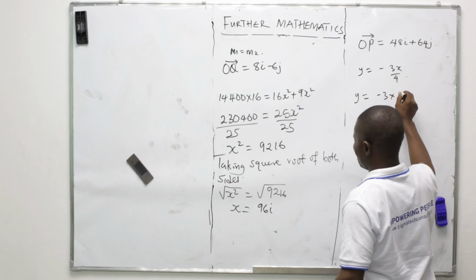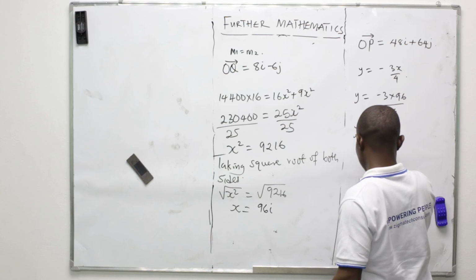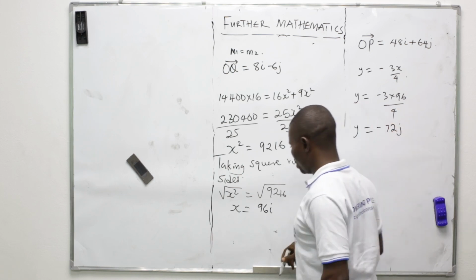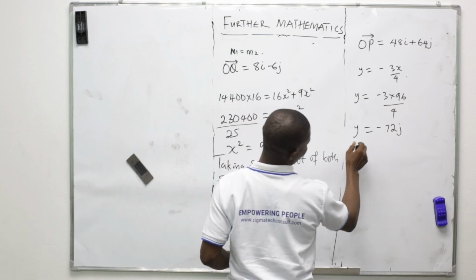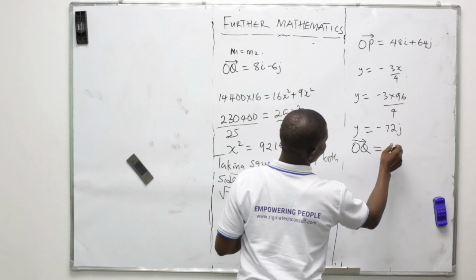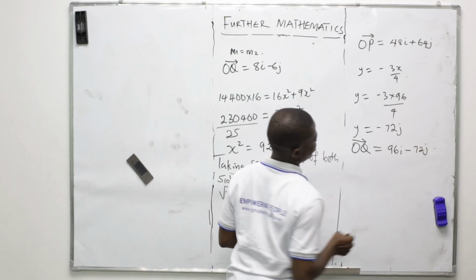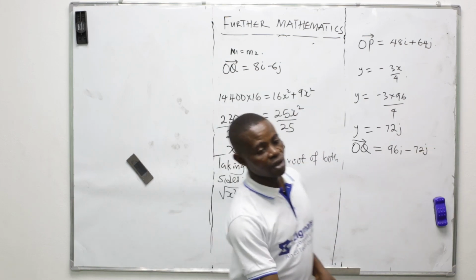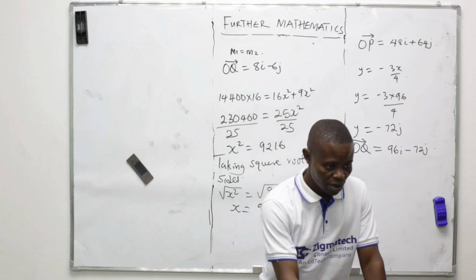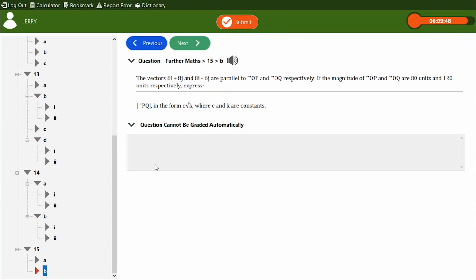Minus 3 times 96 all over 4. Y will give us minus 72j. Now, representation of OQ equals 96i minus 72j. We have absolutely answered that question in the form of i and j.